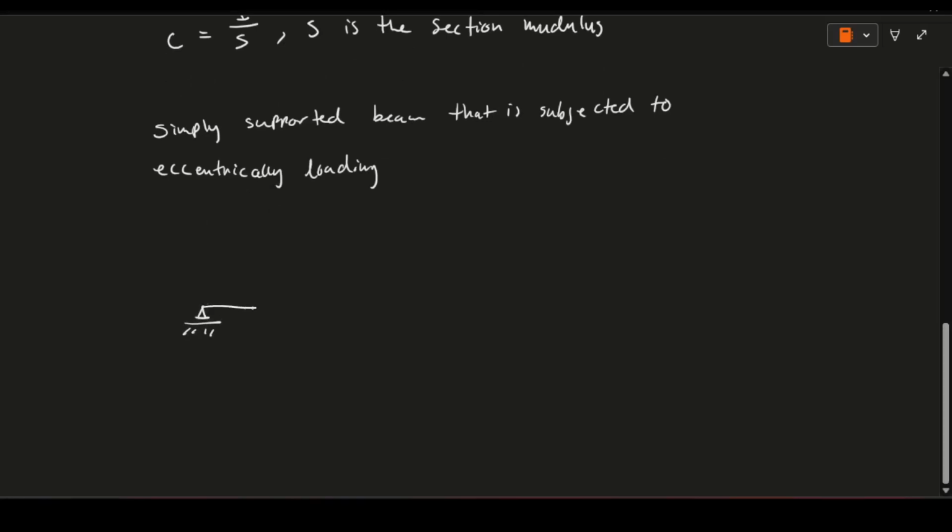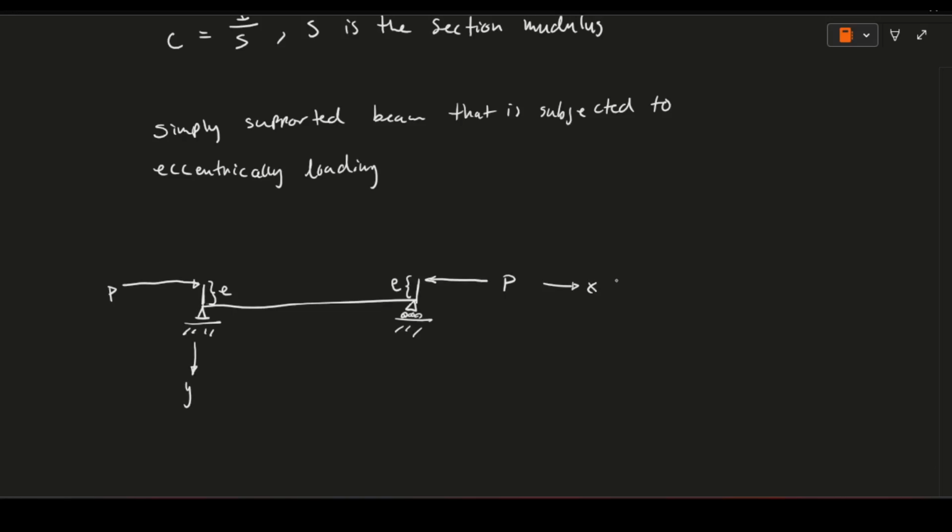We have a pin support and we have a roller support. Let's call this distance E, and this is also E. Note this as positive downwards and this as positive x. And the length of this beam is given as L.